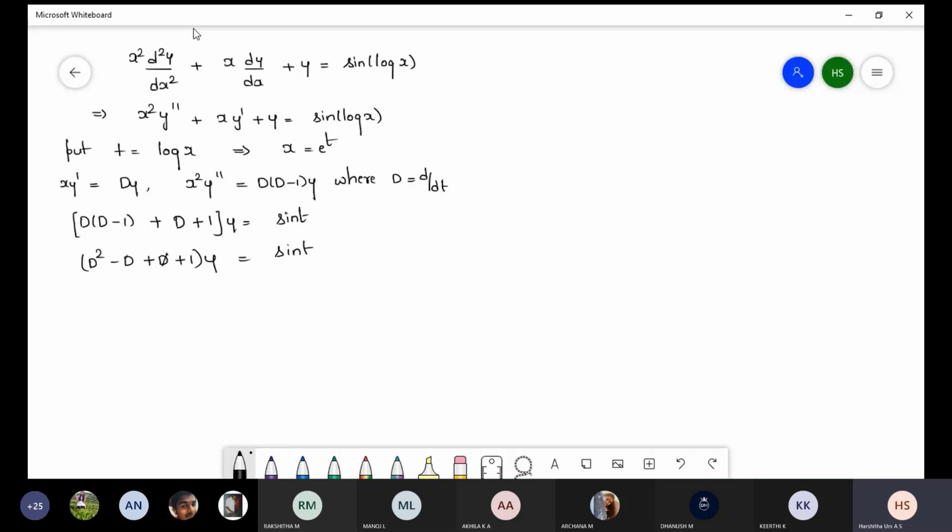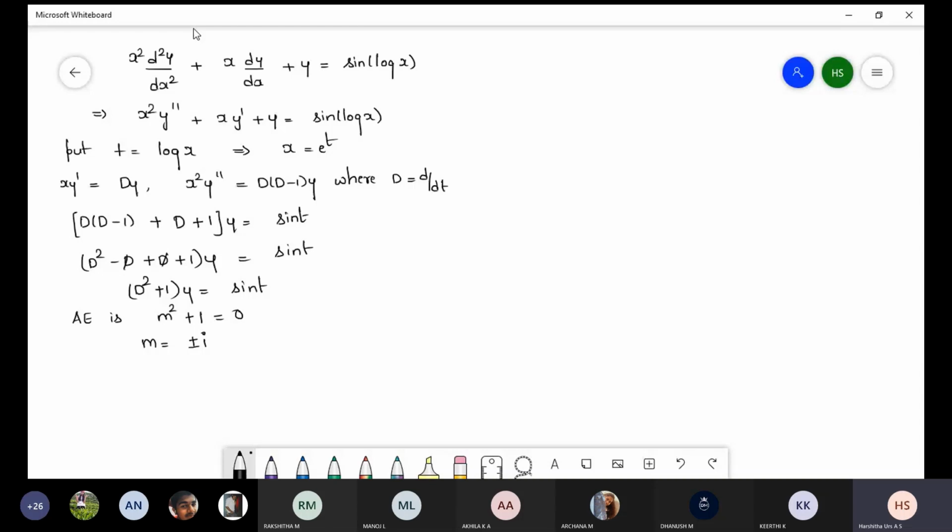So d and d will get cancelled, remaining d square plus 1 into y is equal to sine t. So auxiliary equation is m square plus 1 is equal to 0. So m is equal to plus or minus i.